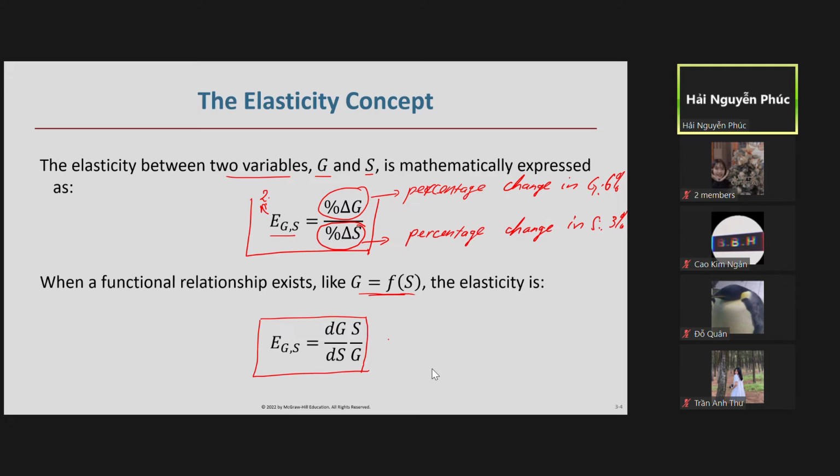In other words, I can rewrite this in the following way. It is equal to dG divided by G, divided by dS divided by S. Here is the percentage change in G, and here is the percentage change in S. So these two formulas have exactly the same meaning.